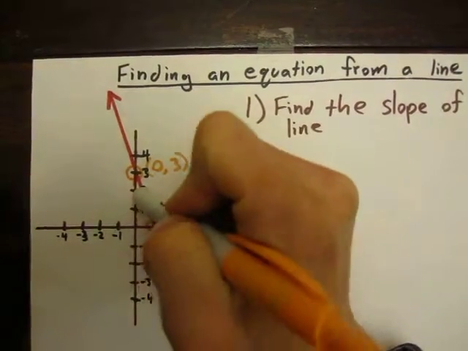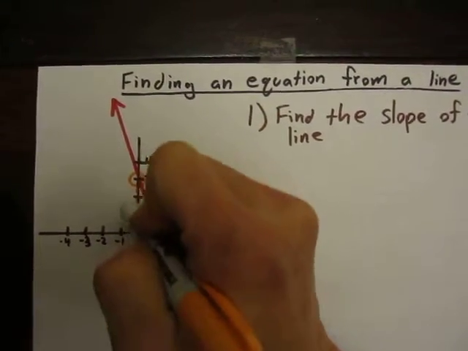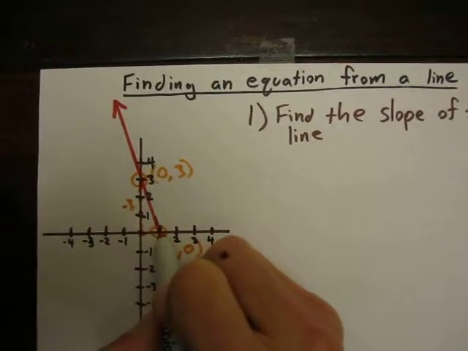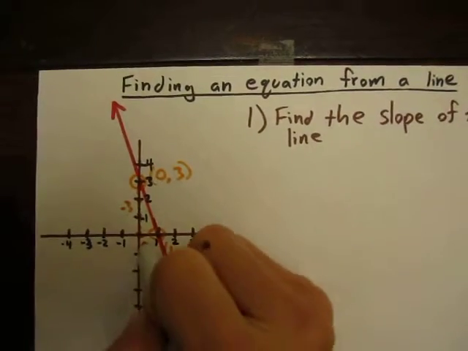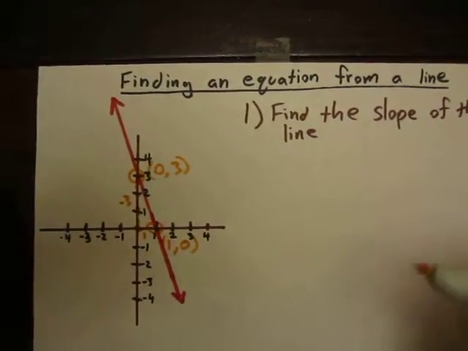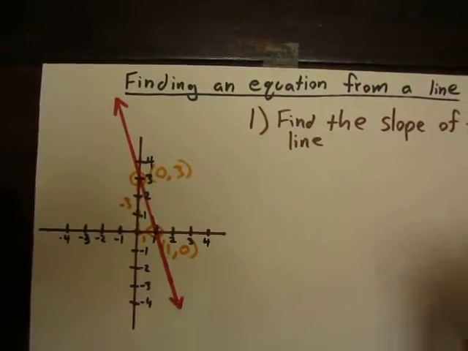So 1, 2, 3, and I'm moving negative. So I'm going negative 3 units down, and then I'm moving 1 unit in the positive x direction. Remember, our slope is the change in y over the change in x.